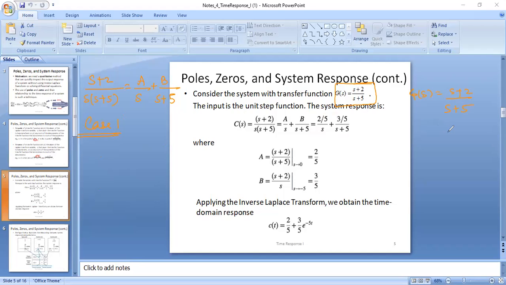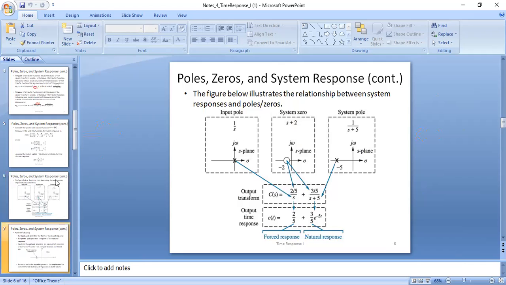R of S is 1 by S. C of S is R into G. So it's 1 by S into S plus 2 upon S plus 5. You can write like this. Now this is case 1. Can you solve it? Okay, already told you. Nothing new yet.